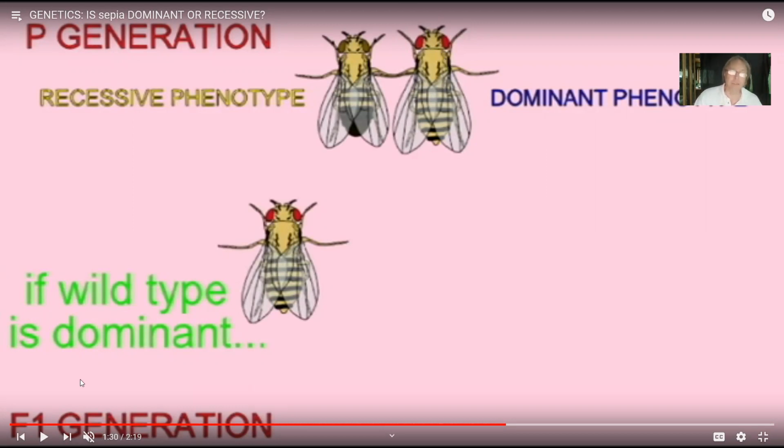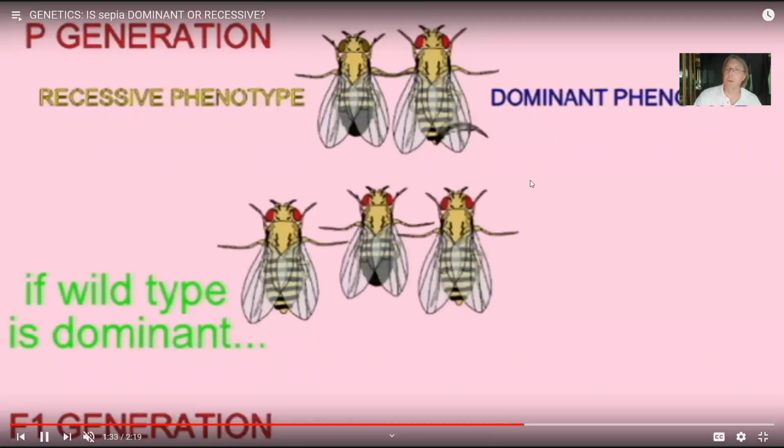Well, with flies, they have a lot of offspring. Obviously, we can control matings, all right? So let's say that we mate this fly to this fly, and given the number of offspring that they have and the controlling of matings, we could say, oh, look at all of the offspring with red eyes.